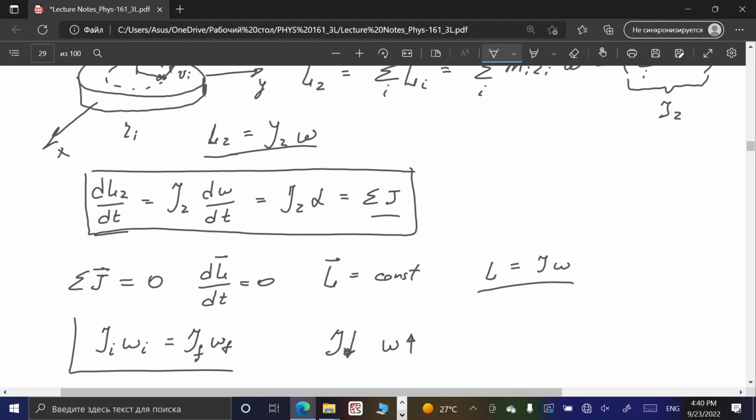So that, of course, can be quite useful for application in different cases when a rotating rigid object can be considered as a closed system, meaning the net external torque exerted on this system is equal to zero. So, summarizing our today's discussion, we introduced the concept of torque, which is the equivalent of force for rotational motion.